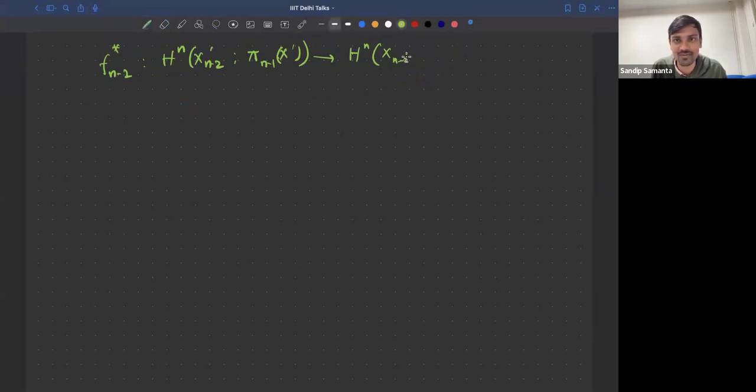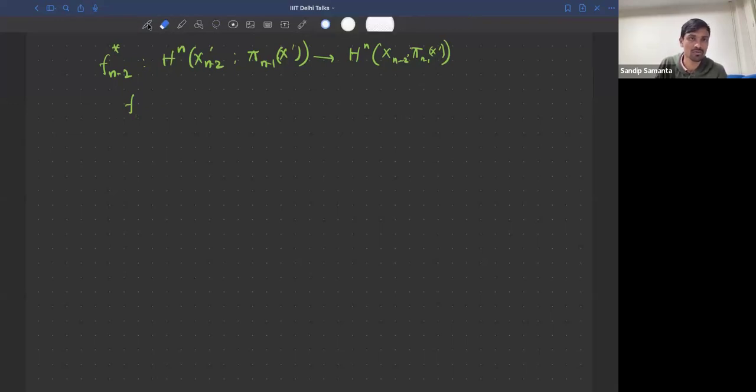So H n of X n minus 2 with coefficient pi n minus 1 X prime. This map, and also the C of f, is a map at the homotopy group level.